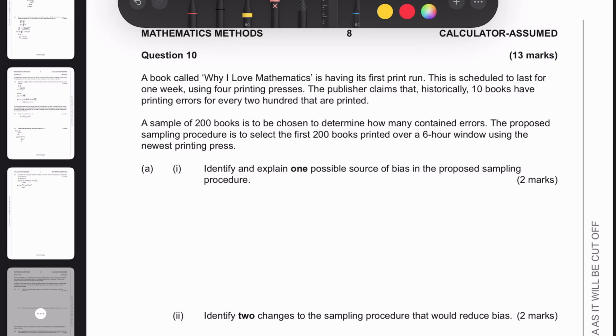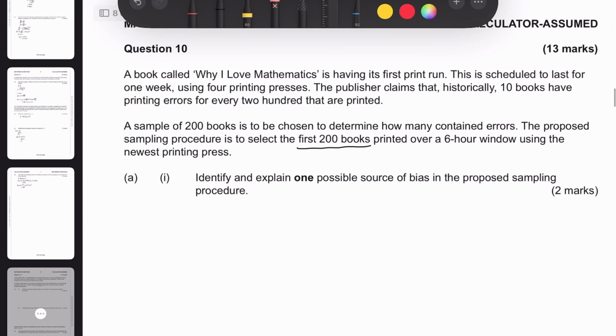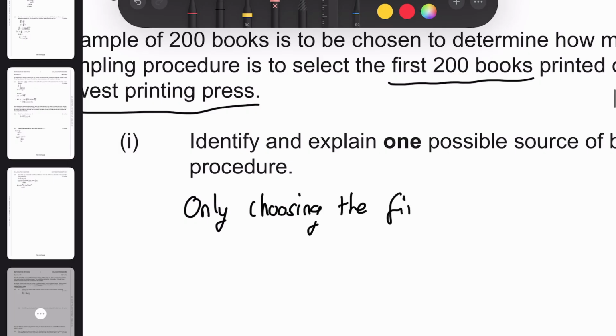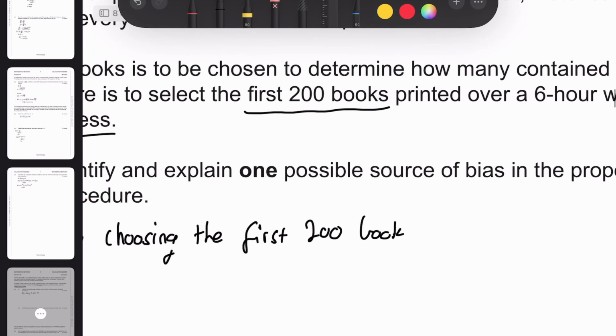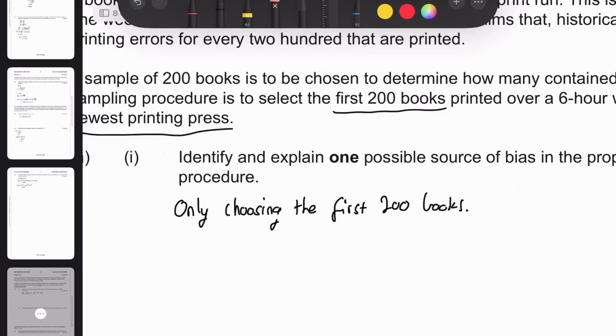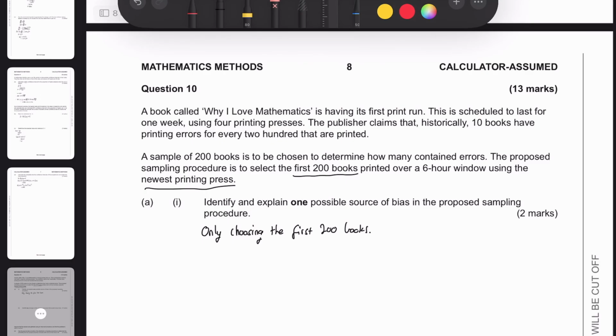Okay, what I can see here is that we're choosing the first 200 books. Another error could be that we're only using the newest printing press. So only choosing the first 200 books, and this is ignoring any other books that are printed, because this is going for a full week.